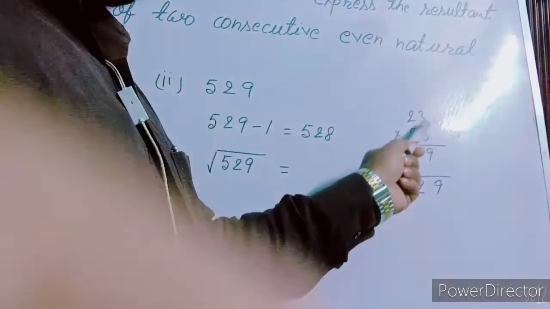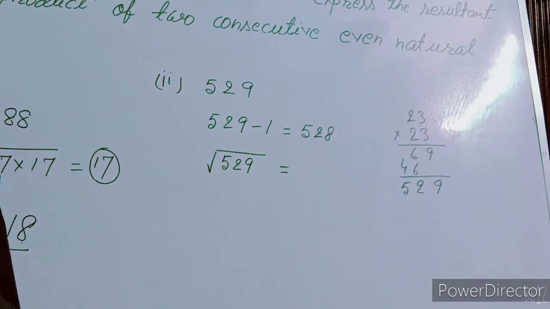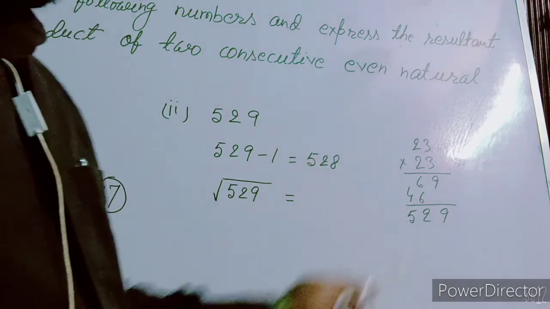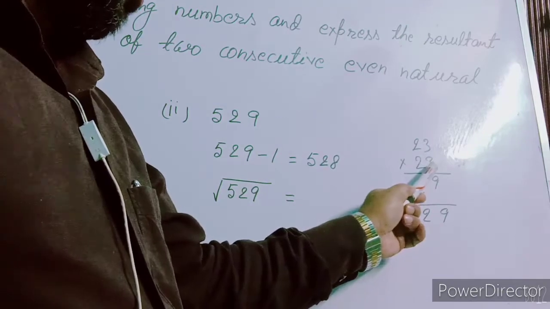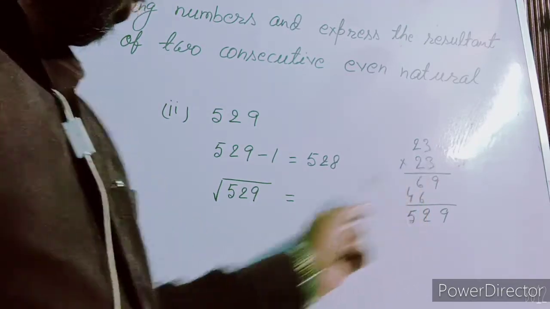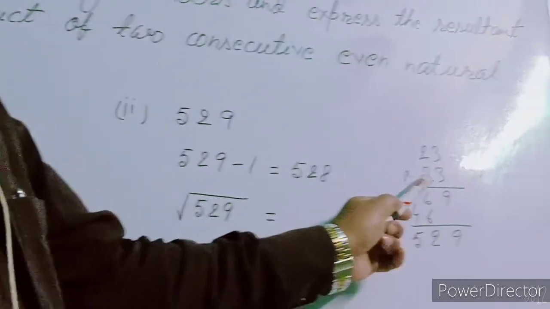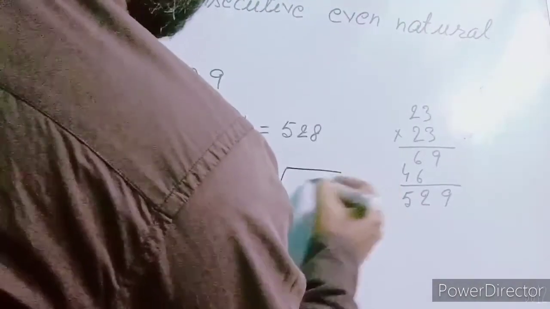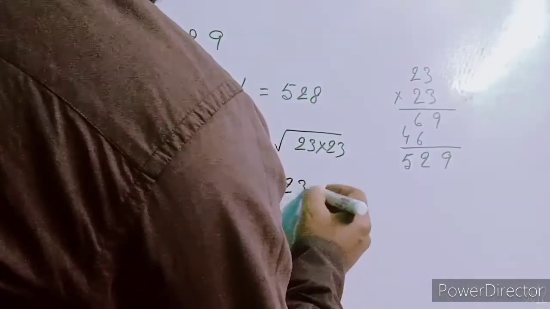Because the multiplication of these two unit digits is equal to 9. So there is a probability that 23 into 23 equals 529. Now we can write the square root of 529 as 23 into 23, that is equal to 23.